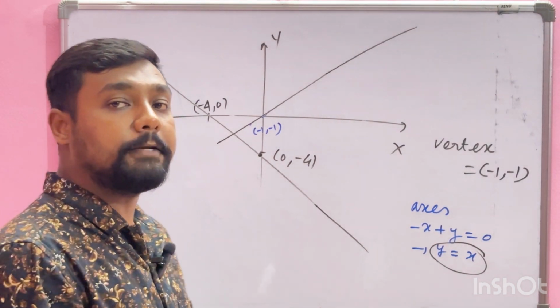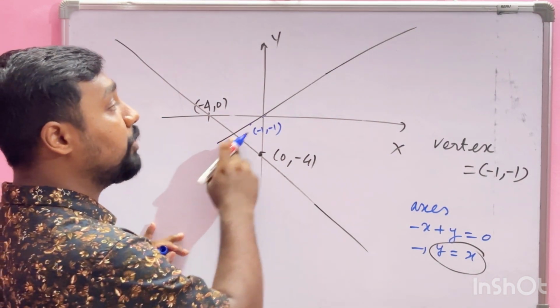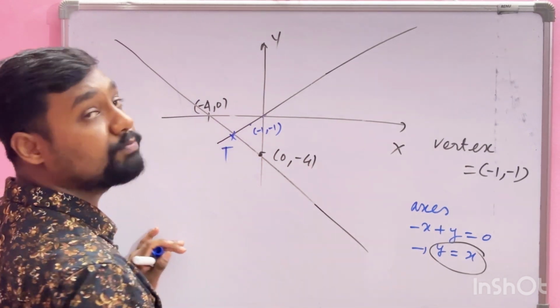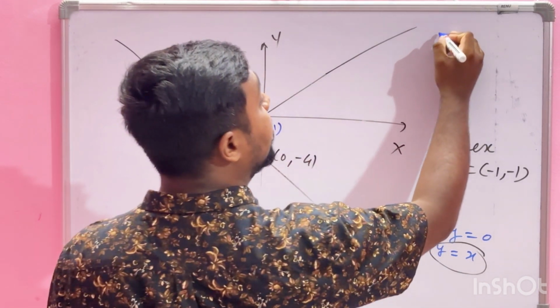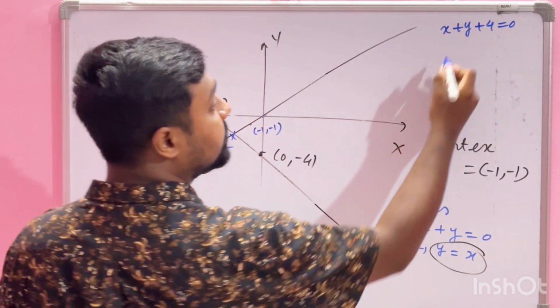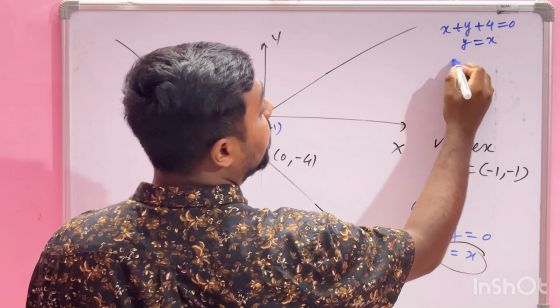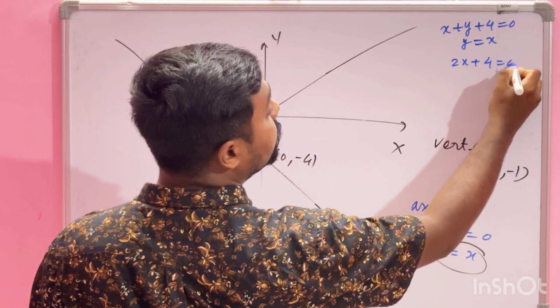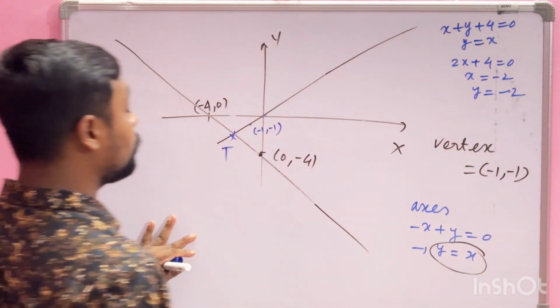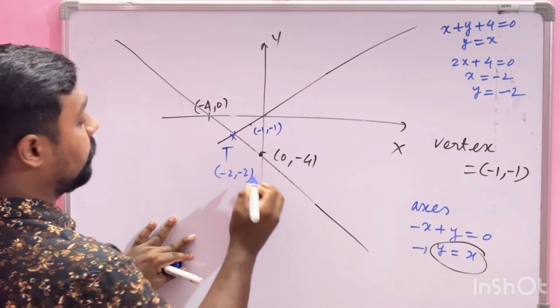Now let's find the intersection point of the axis and the directrix, that is this point. Suppose this point is T. The equation of the directrix is x plus y plus 4 equal to 0, and the axis is y equal to x. That means 2x plus 4 equal to 0, x equal to minus 2, y equal to minus 2. So the point will be (minus 2, minus 2).